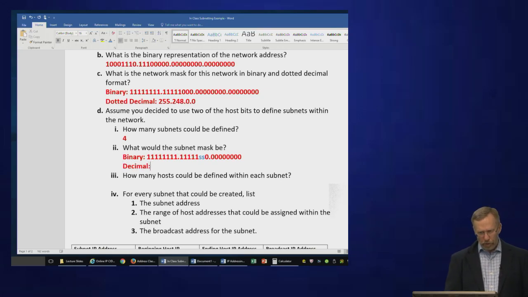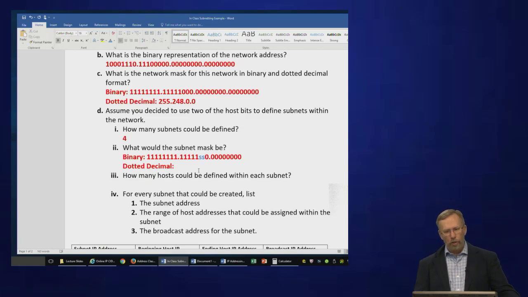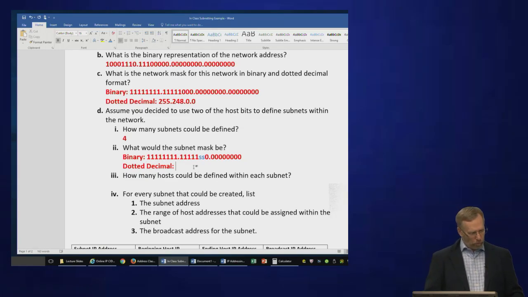If I'm going to do this in dotted decimal, I guess I should say, to be clear, what we do is we simply add these bits to our total. So before we had 248, and these bits, it's the third one from the right. So this bit has a value of 4, and this bit has a value of 2.